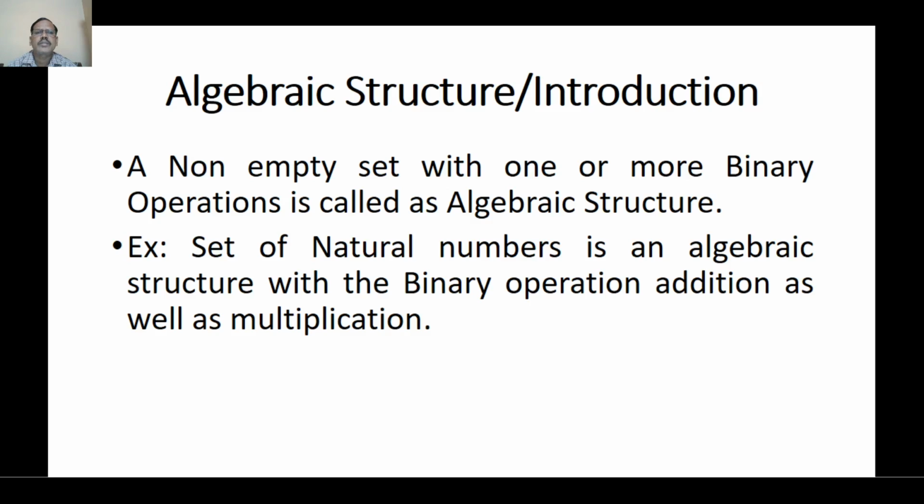Like that, the set of all natural numbers is an algebraic structure with binary operation addition, and also with multiplication: 2 into 4 is 8, 4 into 5 is 20, they are also natural numbers. So the set of all natural numbers is an algebraic structure with binary operation as addition as well as multiplication.